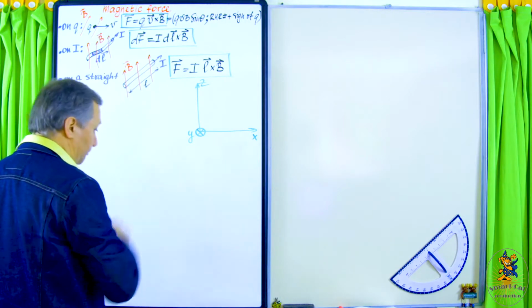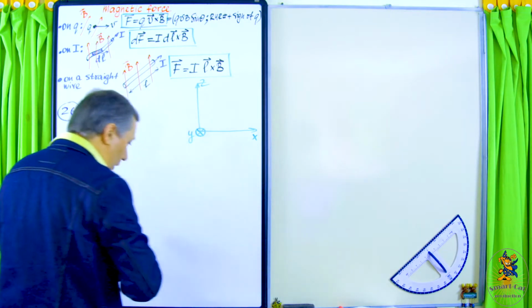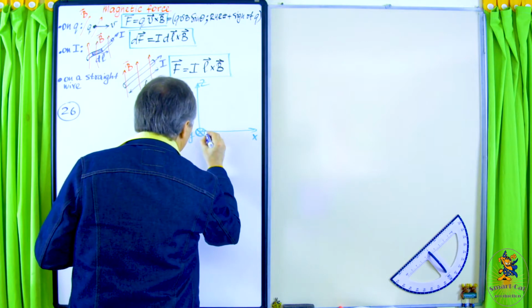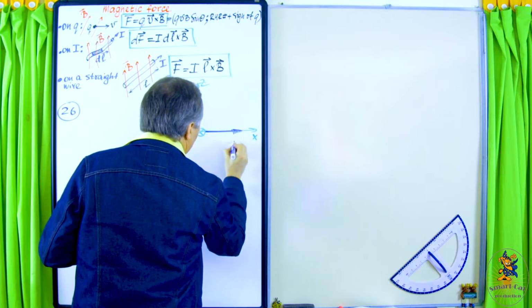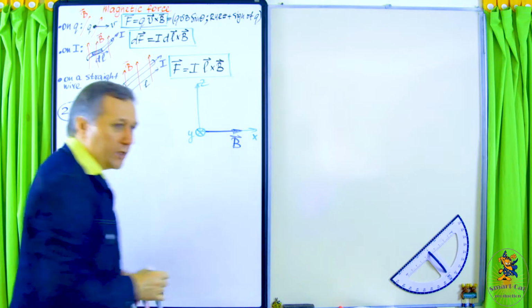So then, the magnetic field. The magnetic field acts this way. So that's B. It's uniform.